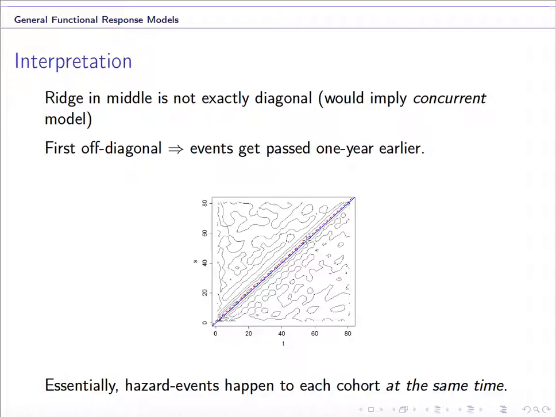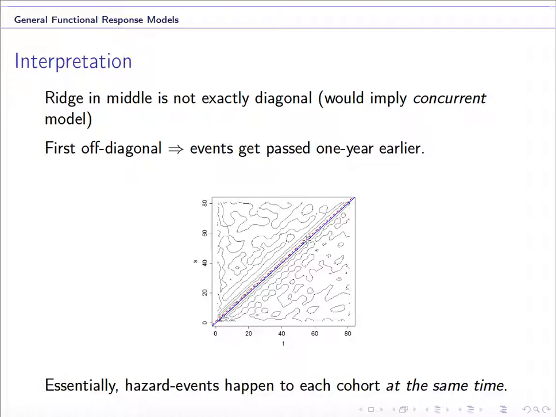So you can imagine the hazard rate, for example at age 50 in the previous year, the person will become 51 in the second year, right?